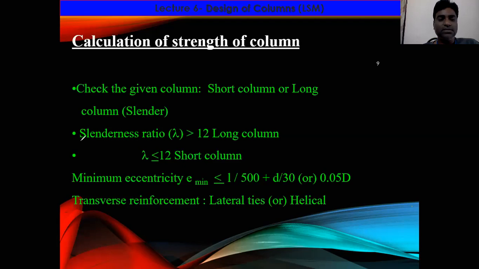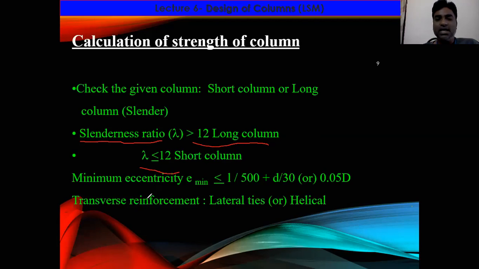How to check? That is based upon the slenderness ratio, lambda. If the lambda value is greater than 12, then it can be designed as a long column. If it is less than or equal to 12, it can be designed as a short column. And one more thing, whatever formulas we have discussed are used only for axially loaded short columns.